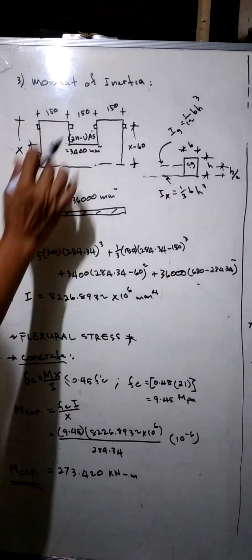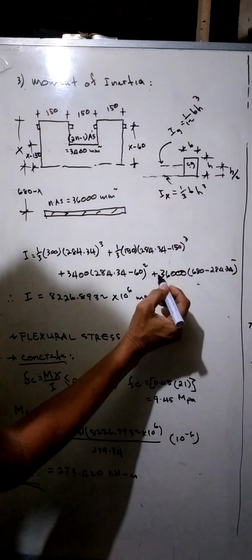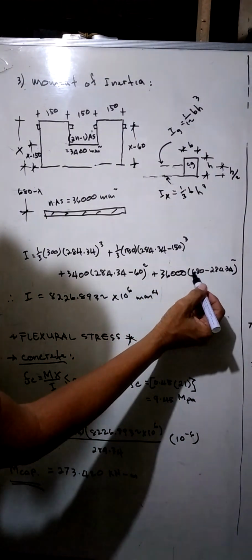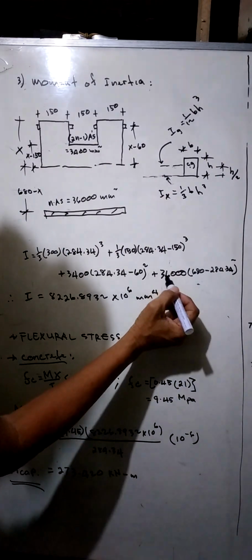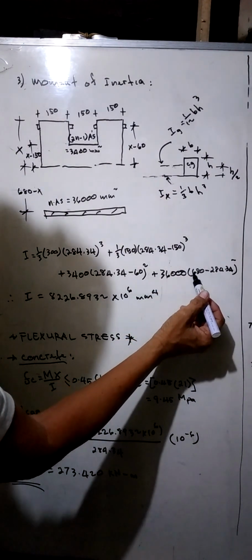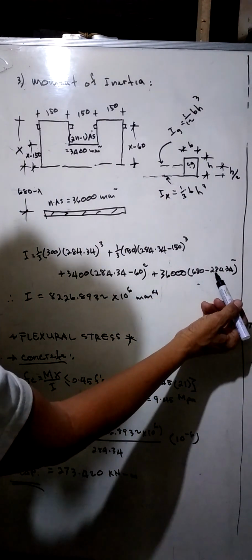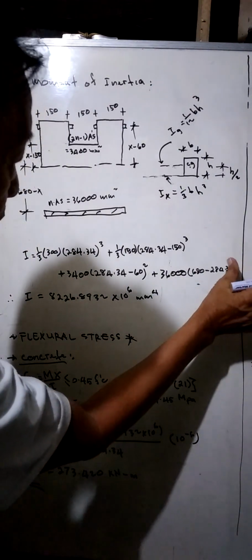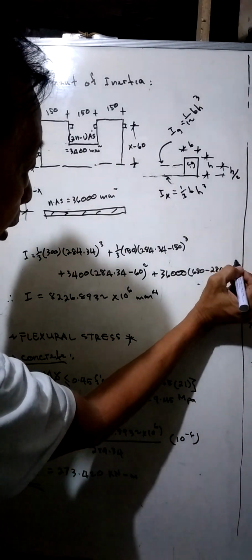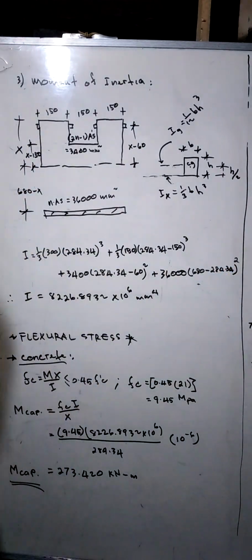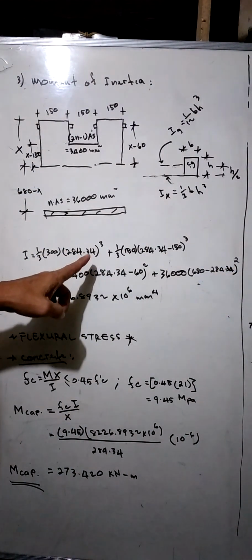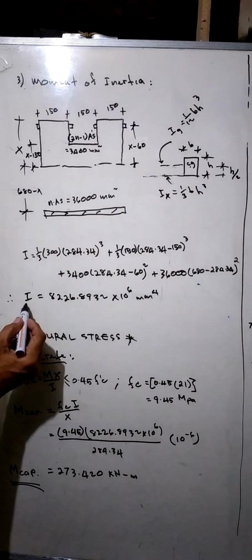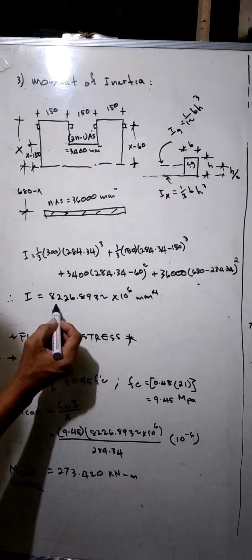So that is for the compression. And then for the tension, 36,000 times 680 minus 284.34, squared. And computing this, the moment of inertia is this one.